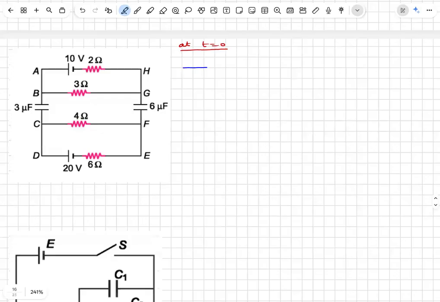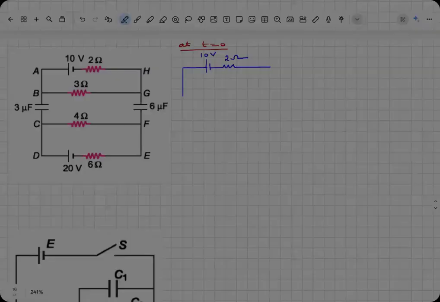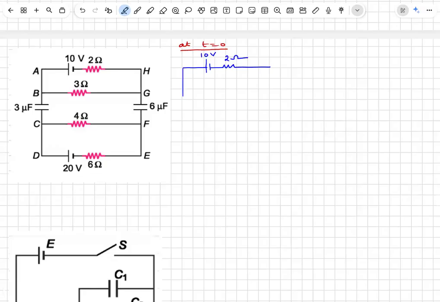Then what will happen? 10 volt, 2 ohm, 10 volt, 2 ohm, okay, 3 ohm, 4 ohm parallel, 20 volt, 6 ohm.